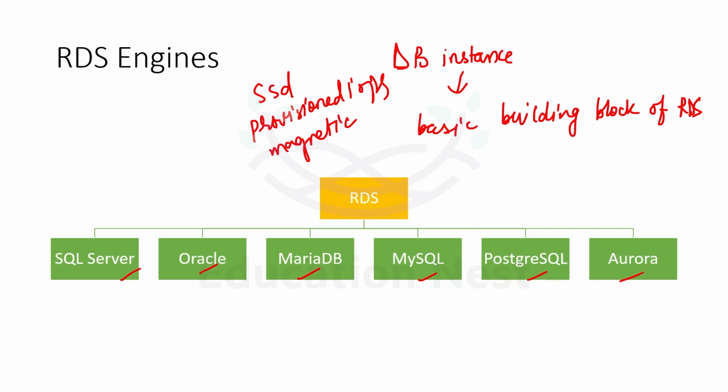And the quota for MariaDB, let us see the quota now. Okay, so the quota for MariaDB is 40 DB instances. It also applies the same quota for MySQL and Postgres. You can have 40 DB instances for MySQL and Postgres as well.